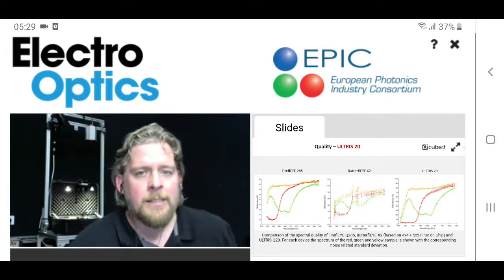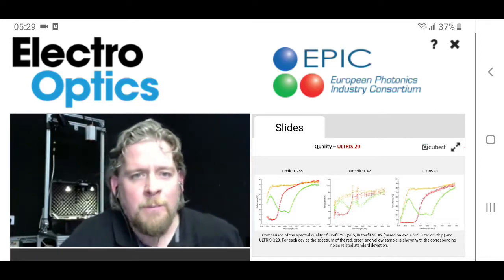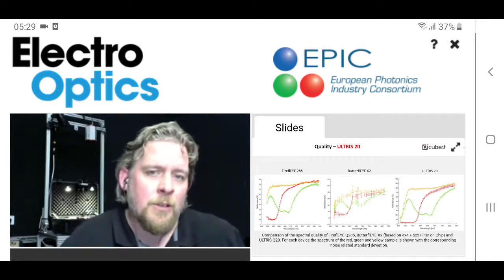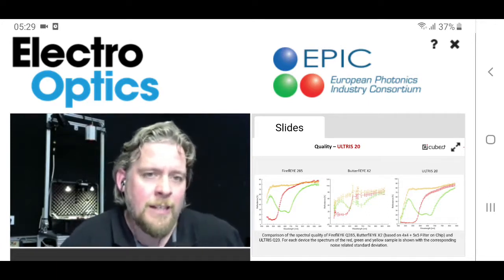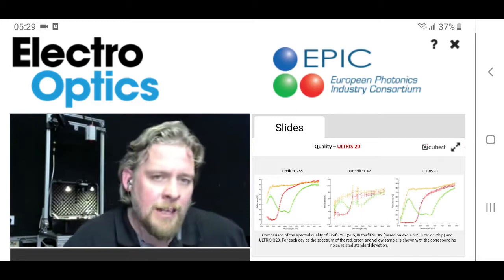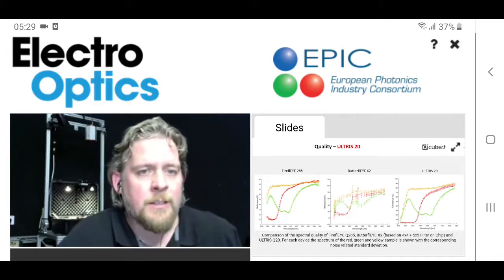And as you might see, the Firefly device has roughly 1% standard deviation, whereas the filter-on-chip-based Butterfly device had a much higher standard deviation in this comparison. And with the ULTRIS device, we can gain again roughly 1% standard deviation, which makes it unique.